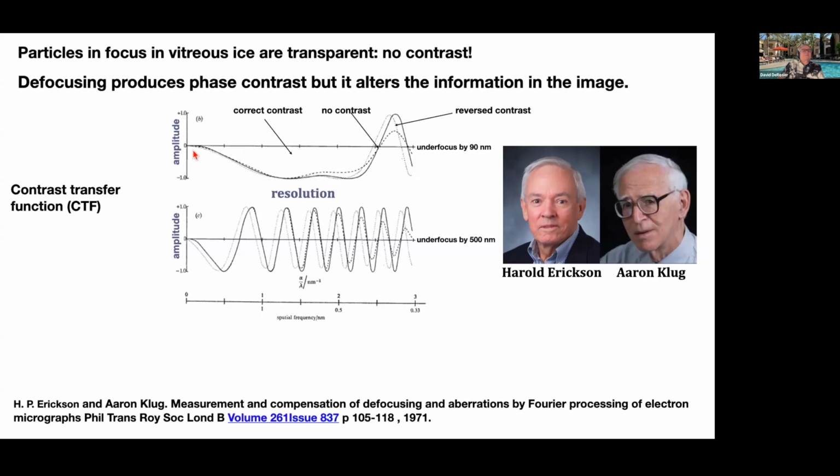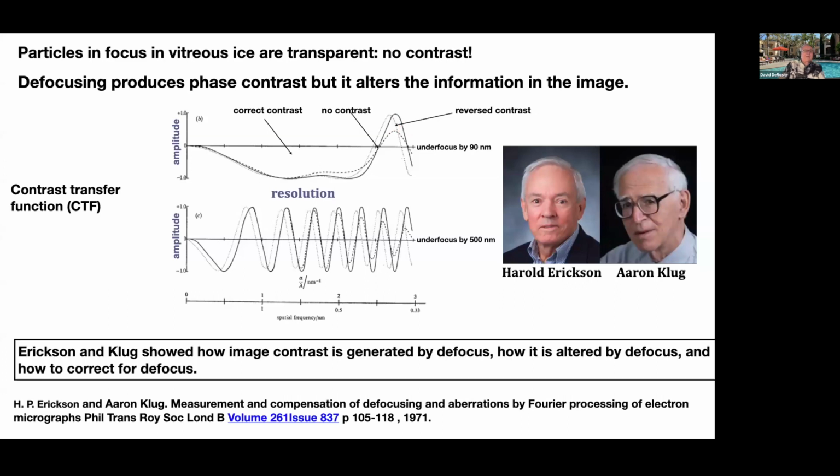So here is what we call a contrast transfer function, a reciprocal space measure. This is resolution this way. This is the amplitude for those Fourier coefficients. And in this region, you get correct contrast. In this region where it crosses zero, you get no contrast, no information. And here the contrast is reversed. So Erickson and Klug showed how image contrast is generated by defocus, how it is altered, and how to correct for it.